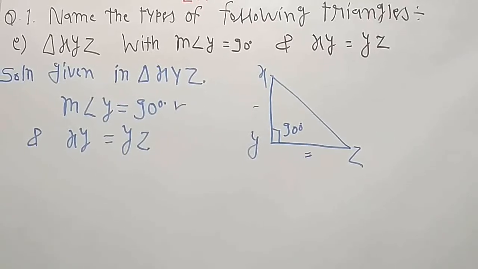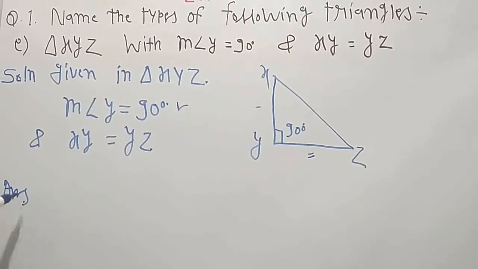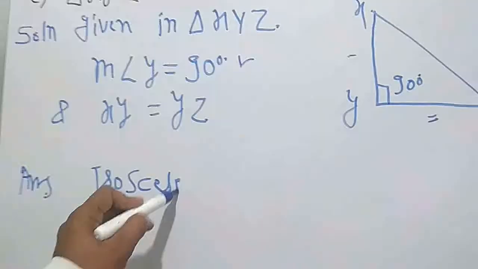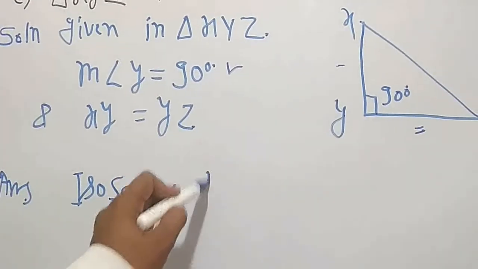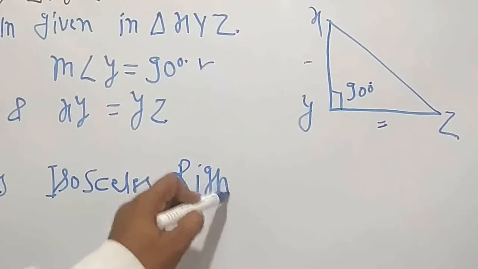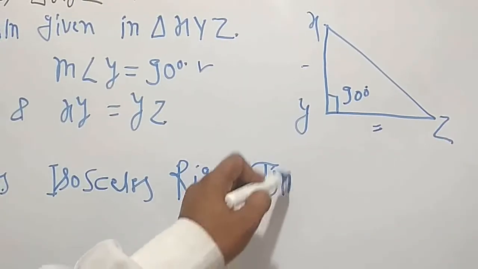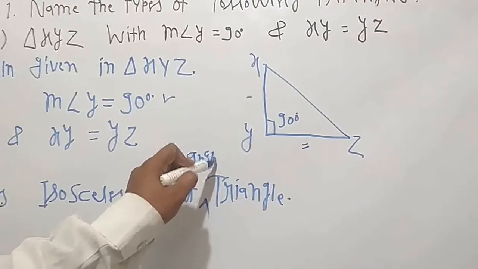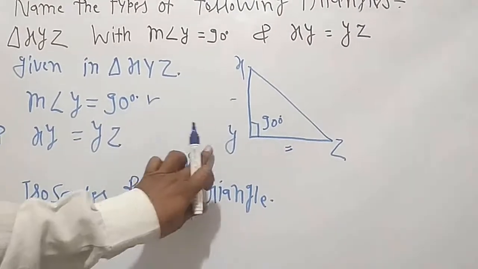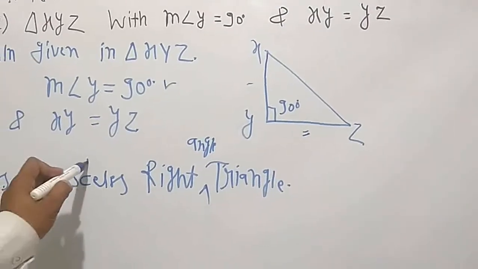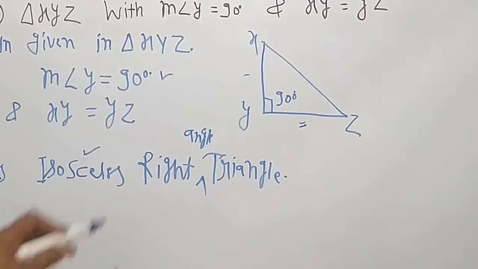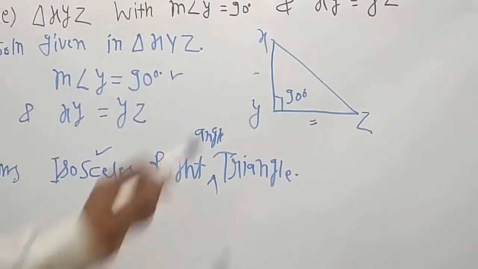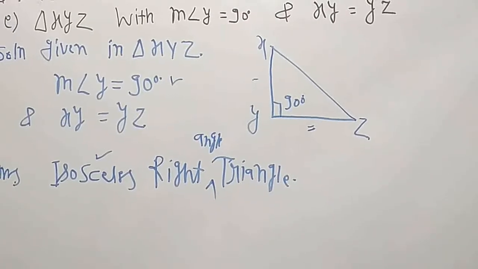So in answer we can write it is an isosceles right angle triangle. Isosceles, why? Because the measurement of these two sides are same. And right angle, why? Because at least one angle is 90 degree, a right angle. That's why it is an isosceles right angle triangle.